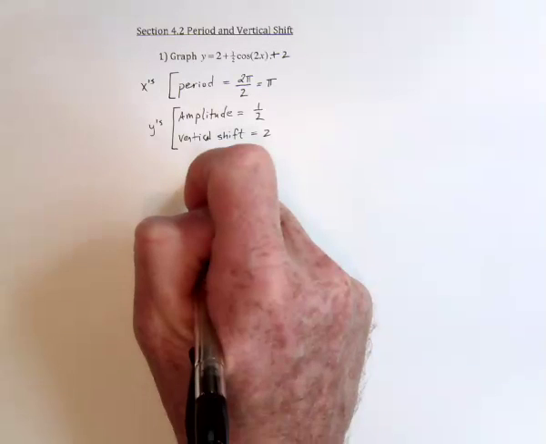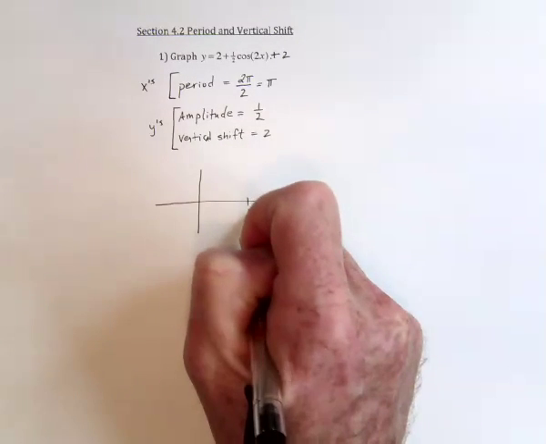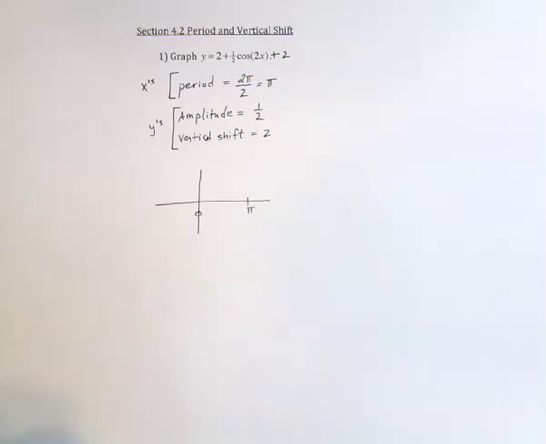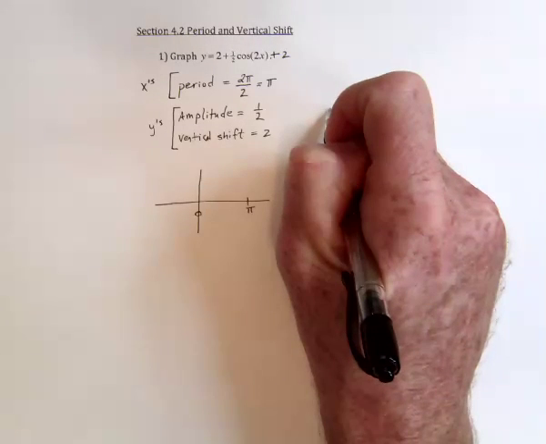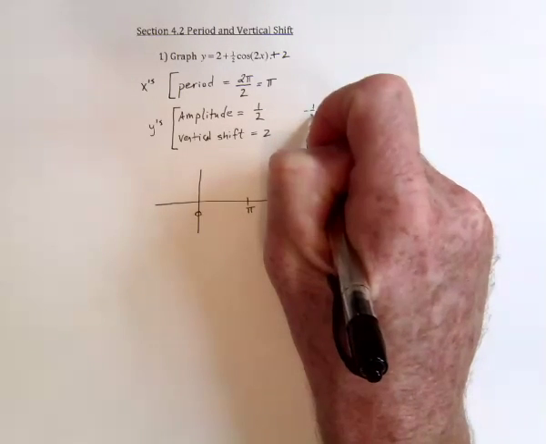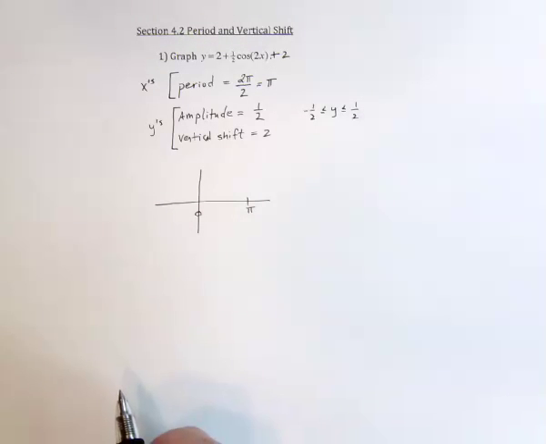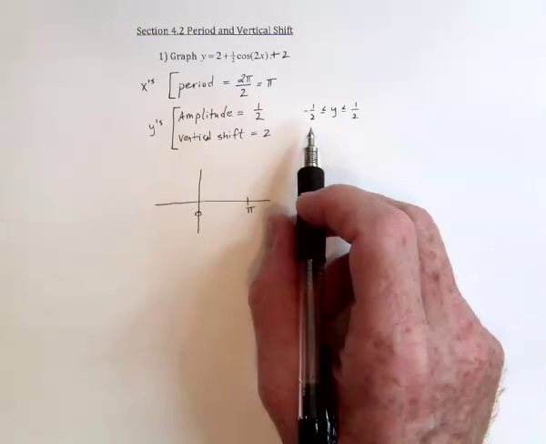So on the x-axis, we'll just go from 0 to pi. And then for the y-axis, well, the amplitude means that the y values are going to be between negative 1/2 and positive 1/2, instead of the usual negative 1 and positive 1 that cosine ranges between.